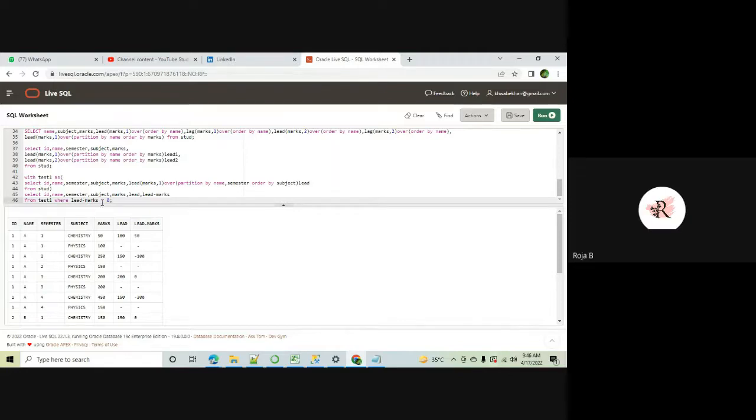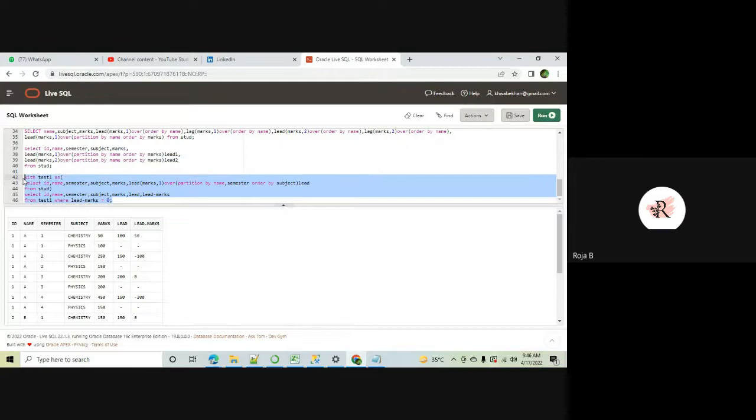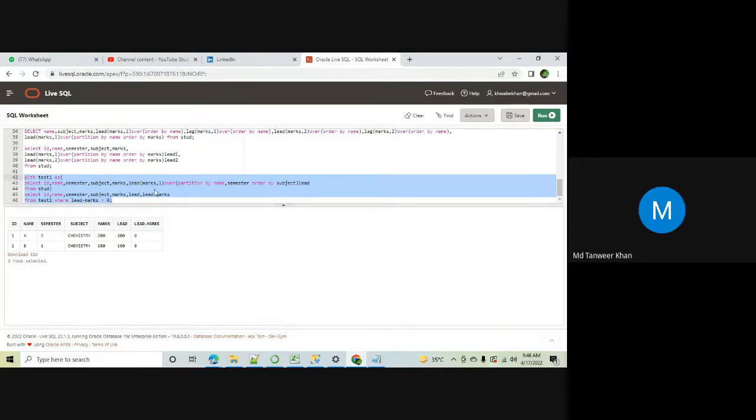Because if both subjects have the same marks, then it will be zero, right? Very, very good. So this is finding the records where both subjects have the same marks. Correct. You got the answer. In third semester, chemistry has scored the same marks as physics.